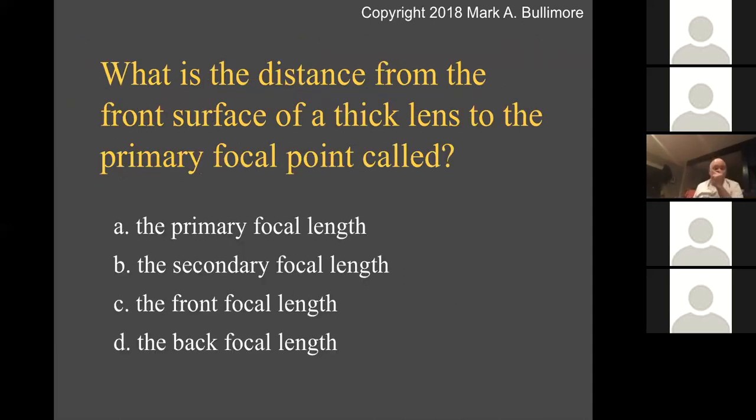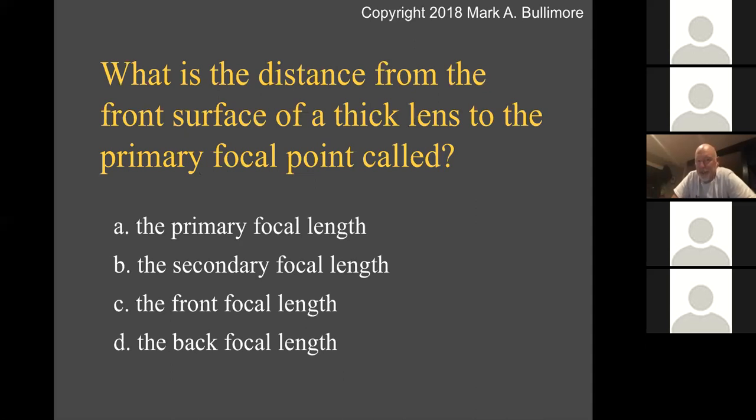Okay. Another question for you. What's the distance from the front surface of a thick lens to the primary focal point called? A, B, C, or D? Okay. It's not the primary or secondary focal length.